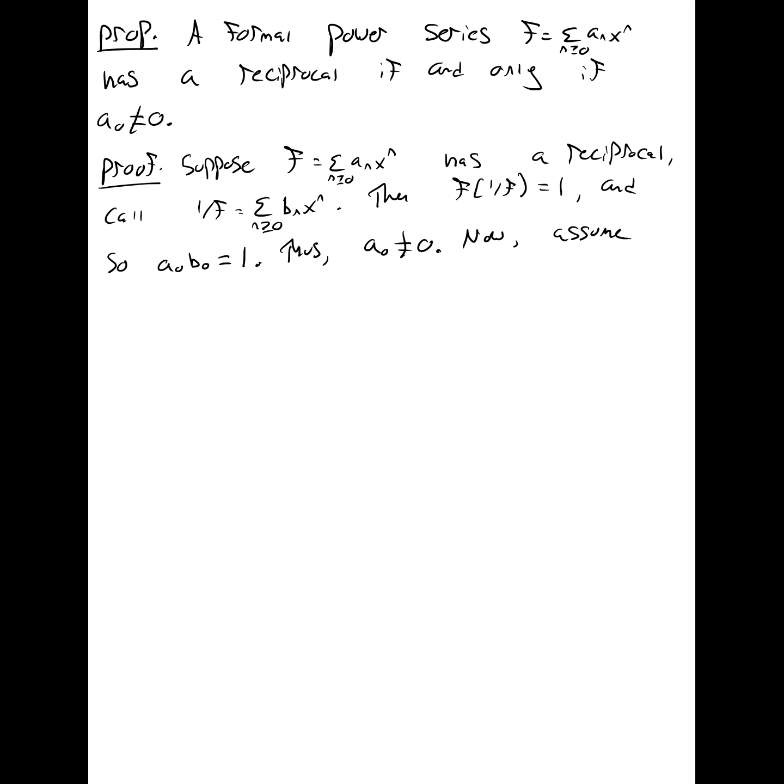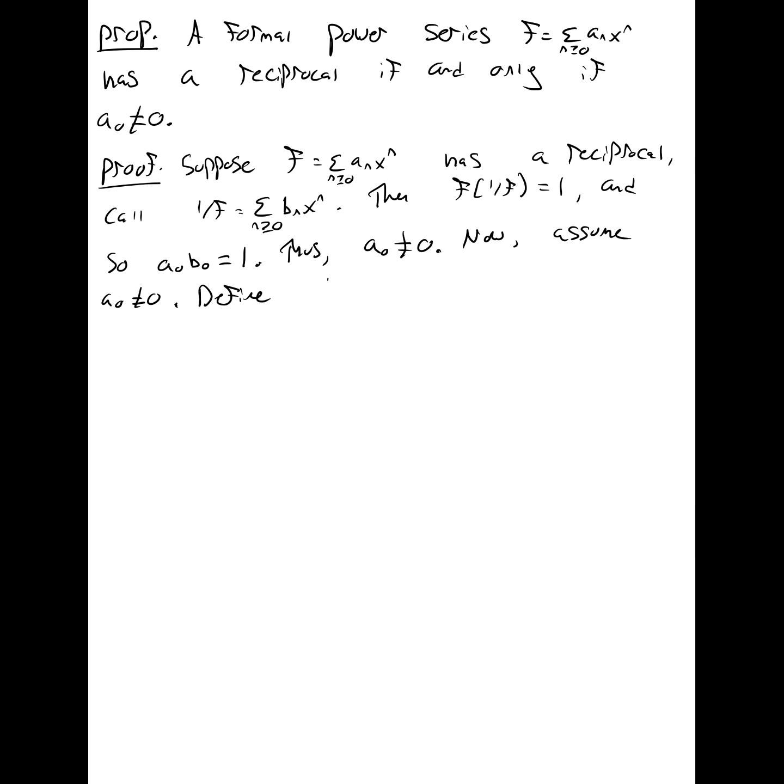Now we want to assume that a_0 is not equal to 0, and this is a second separate argument, right? We assume now that it is not equal to 0, and we want to show that there exists an inverse. Or sorry, a reciprocal. Define, and I won't show this explicitly, but here's what it is.